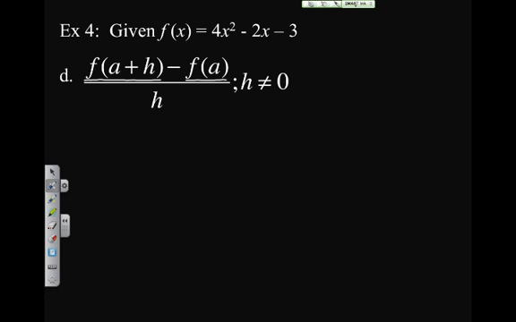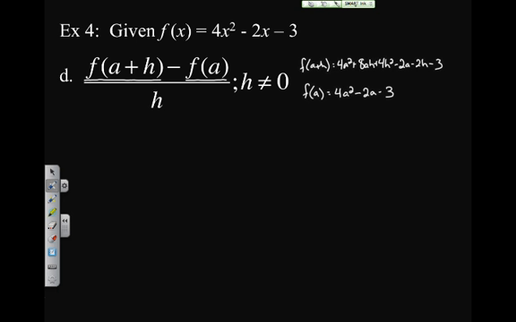If we think back, f of a plus h was equal to 4a squared plus 8ah, plus 4h squared minus 2a minus 2h, and what do we have at the end? Minus 3. And f of a from the previous slide was 4a squared minus 2a minus 3. So we've already figured out those two pieces.